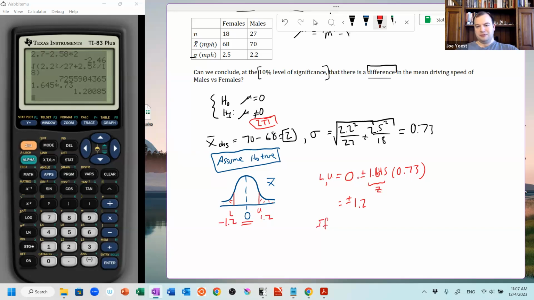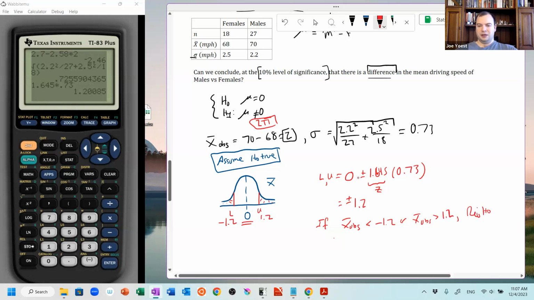So I can say if X bar observed is less than negative 1.2 or bigger than positive 1.2, we reject H naught, otherwise do not reject.